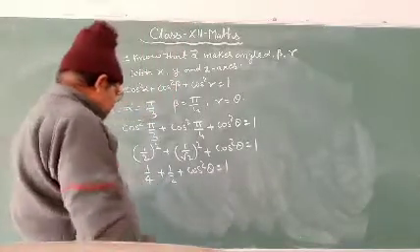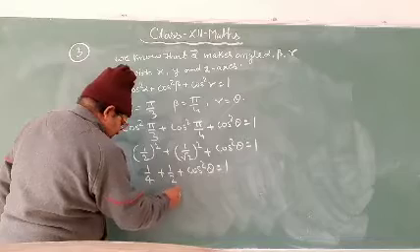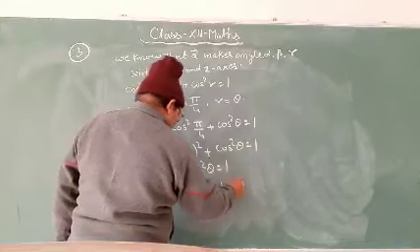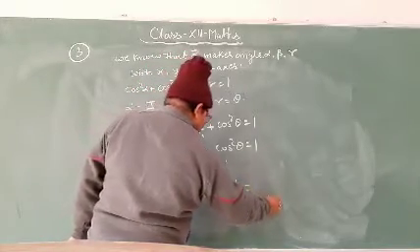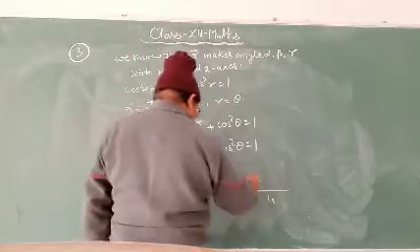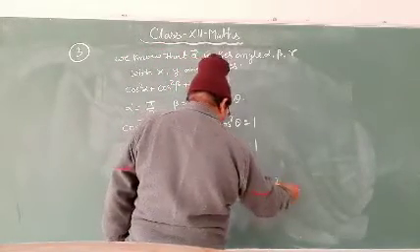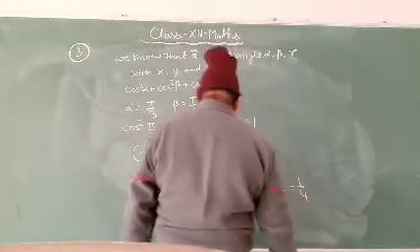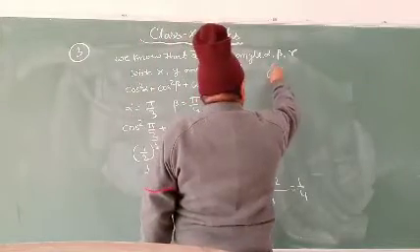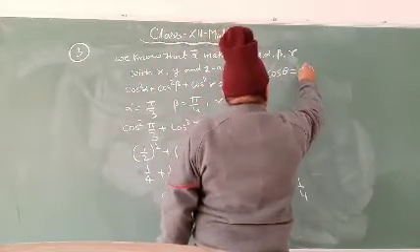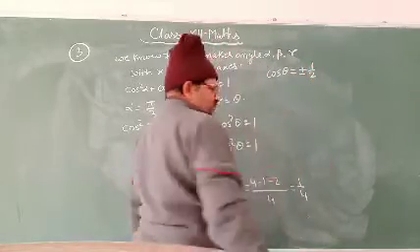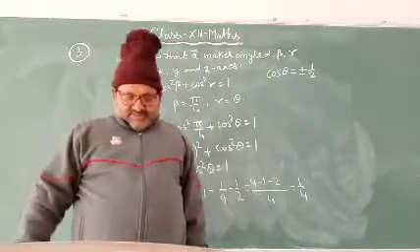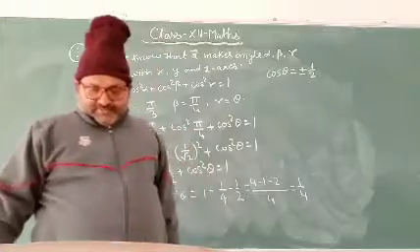Now cos square theta equal to 1 minus 1 by 4 minus 1 by 2, LCM 4, which is (4 minus 1 minus 2) by 4, equal to 1 by 4, and cos theta equal to plus minus 1 by 2. Clear?